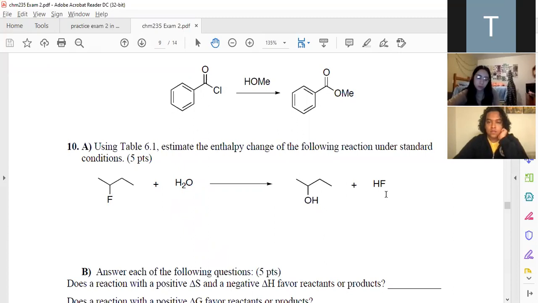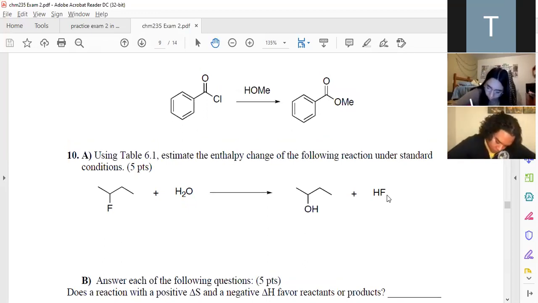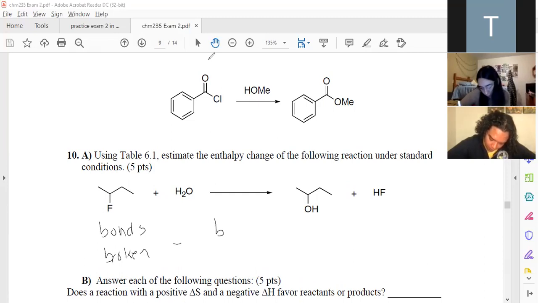Reactants minus products, yep. So bonds broken minus bonds formed is probably the easiest way to think about this. I know if someone sees this, they're going to ask, what about these other bonds that are all there?